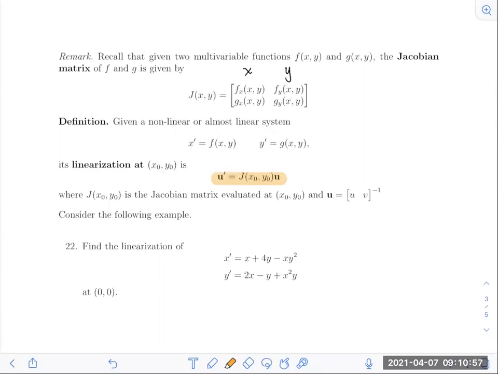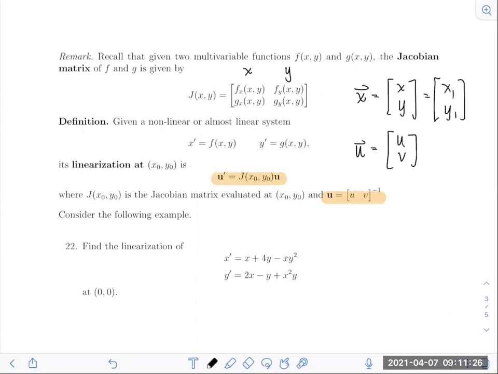Here, this Jacobian matrix is going to be evaluated, and they're saying that u is the, that should say transpose or inverse of uv. So in other words, let's write it like this: u is uv. All right, where normally we're working with x, which is x, y, or sometimes we've been working with x1, y1.